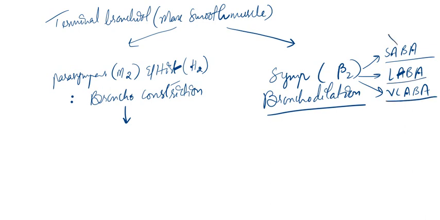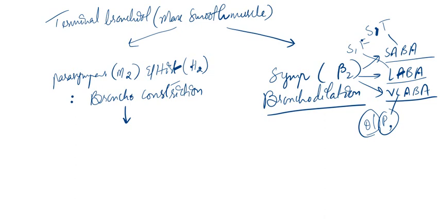Short acting is salbutamol, terbutaline. Long acting is salmeterol, formoterol. Very long acting is indacaterol, vilanterol, and olodaterol. Very long acting beta adrenergics, right?